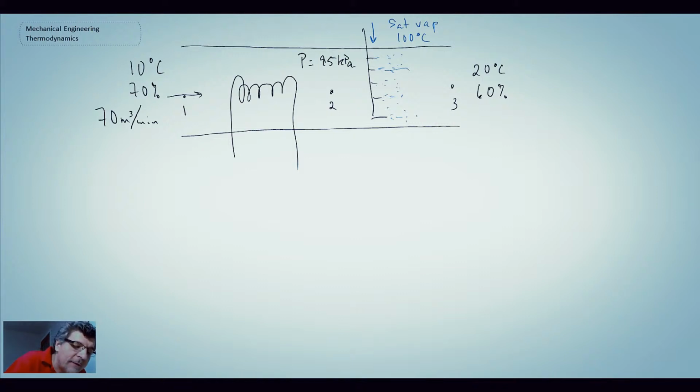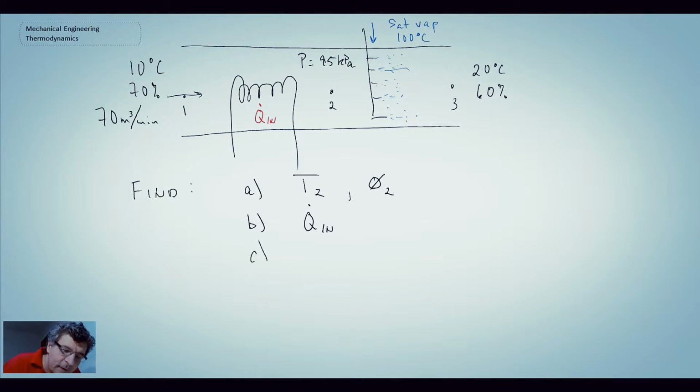Now what we want to find in this problem: first of all, the temperature after the heating section, T2, and they also want us to get the relative humidity at that location. The next thing they want to know is how much thermal energy we're putting in on the heating section, so that would be Q dot in, because we're heating.